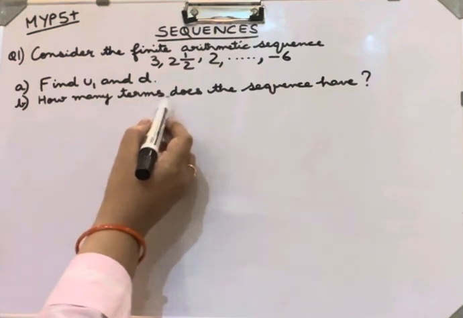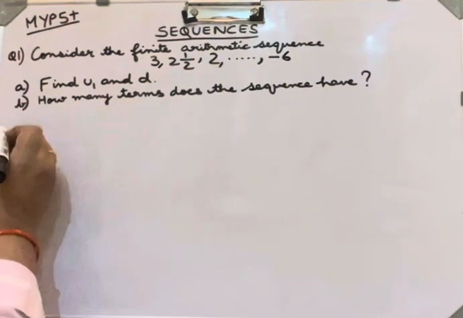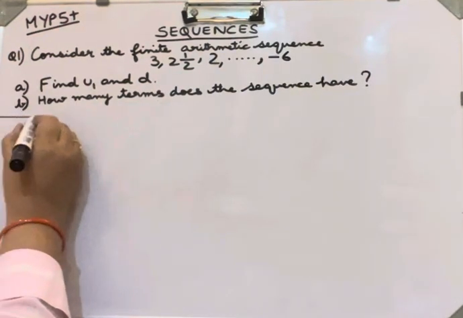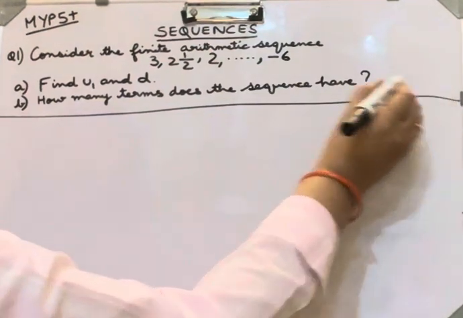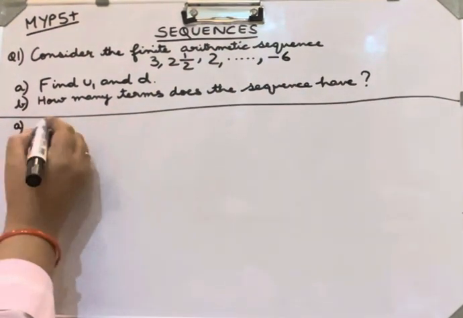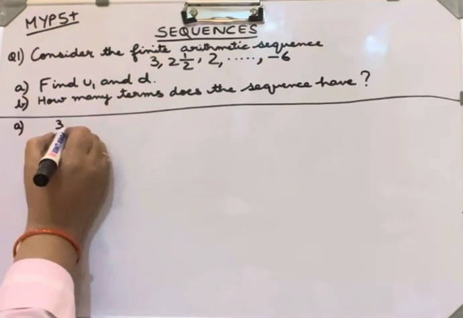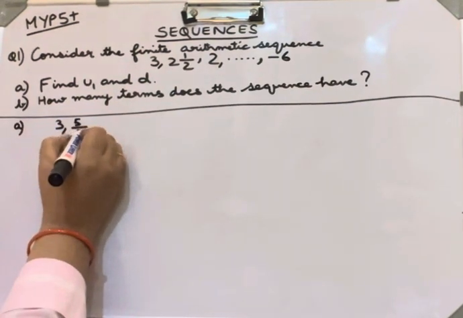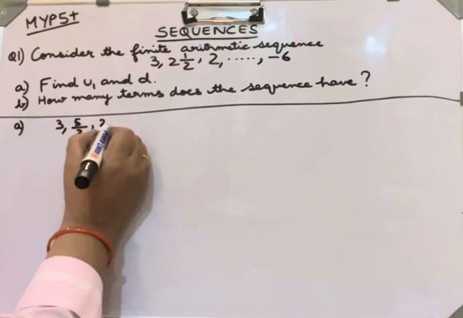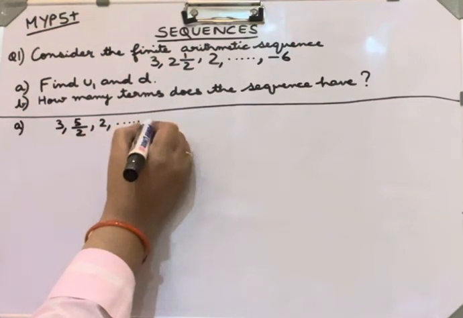Part B. How many terms does the sequence have? So let's begin solving. So we observe that in the series 3, we simplify it as 5 by 2, 2, and the last term -6.